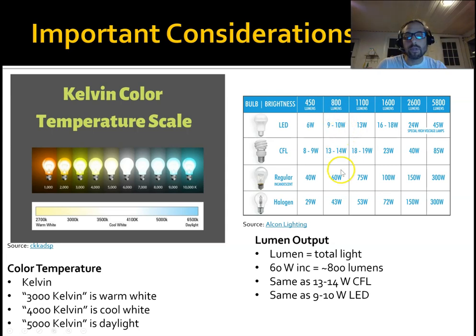So when you have a 60 watt incandescent, for example, in your house, and you want to replace it with an LED, you get a 60 watt equivalent. Well, 60 watt equivalent is a 9 to 10 watt LED. And as you can see, the 60 watt incandescent gets you about 800 lumens, and a 9 to 10 watt LED also gives you about 800 lumens.